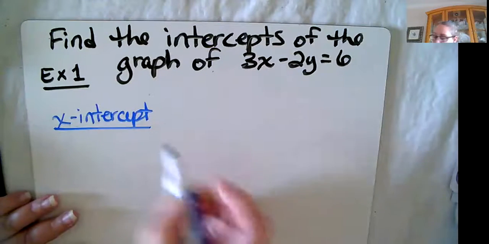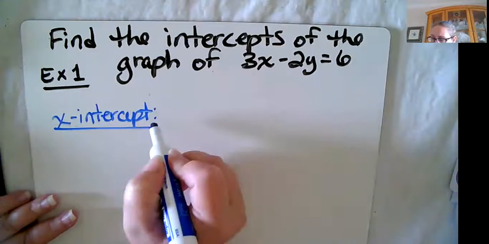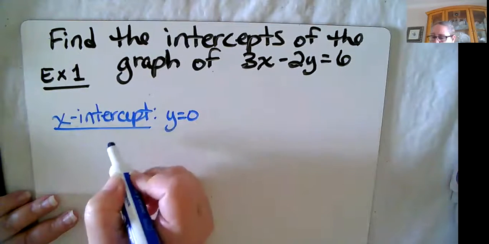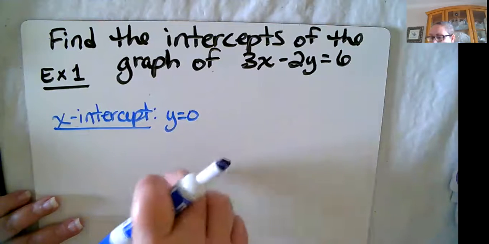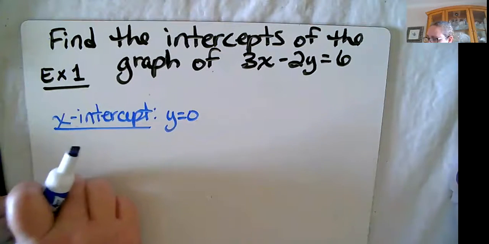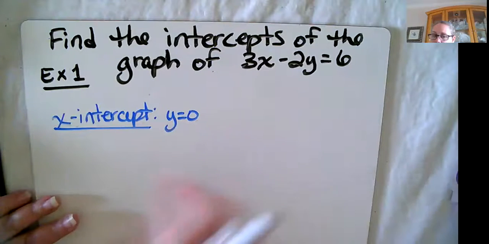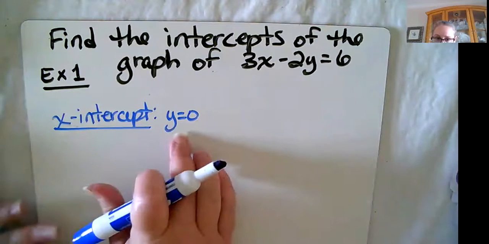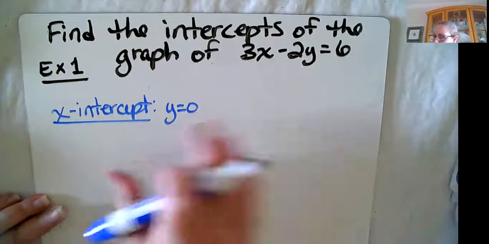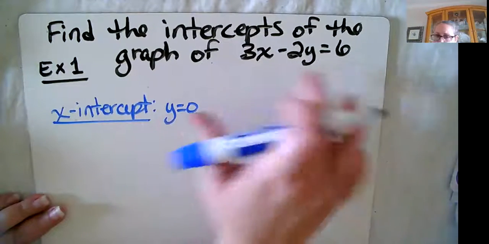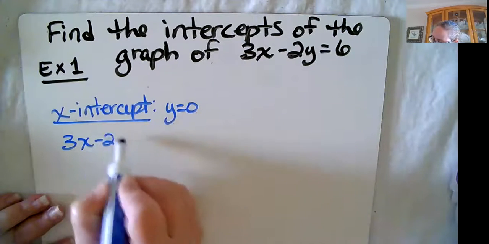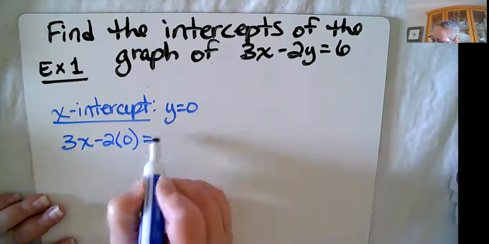When we solve for the x-intercept, at that point, y is equal to 0. X-intercept meaning it's where it touches the x-axis. So any point on the x-axis has an x value, but the y is equal to 0. That's how we're going to solve for our intercept. We're going to take our equation and substitute y as 0.